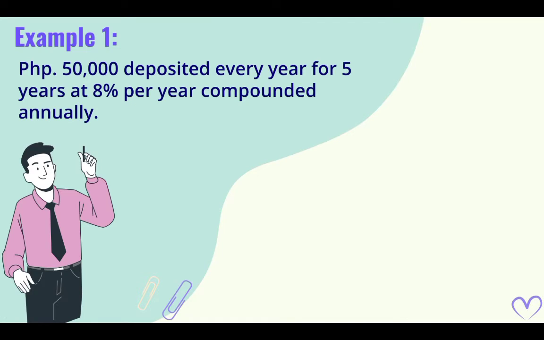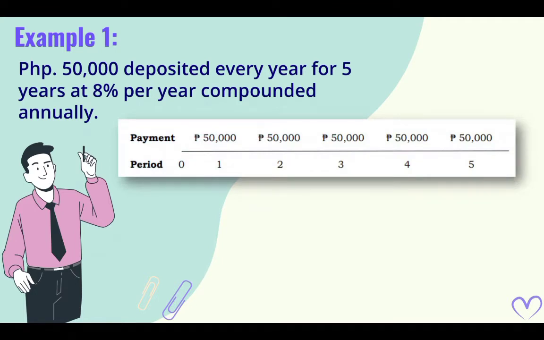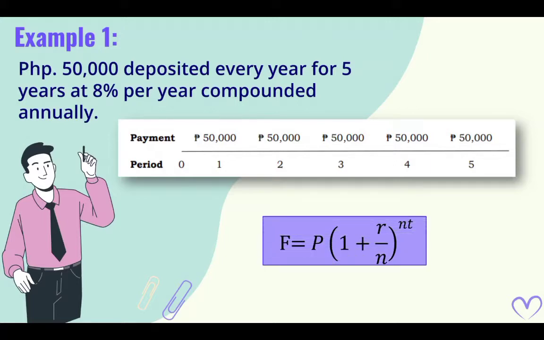For our first example, 50,000 deposited every year for 5 years at 8% per year compounded annually. Okay, so this will serve as the illustration of the 50,000 payment every year for 5 years. And we will use this formula.